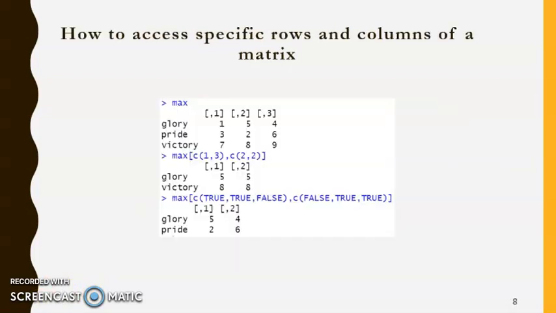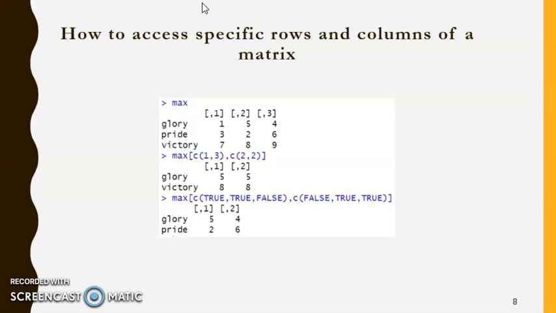The last thing we are going to talk about today is how to access specific rows and columns of a matrix. In this slide we have the max matrix, and see how we are going to go, for example, for the first and third rows. As you can see, you mention it through vectors.